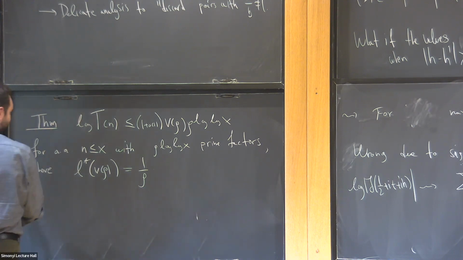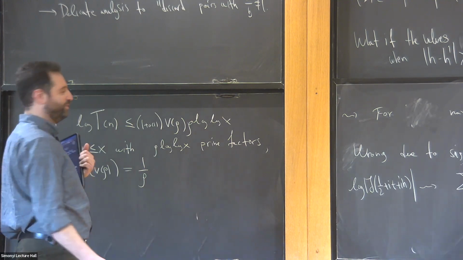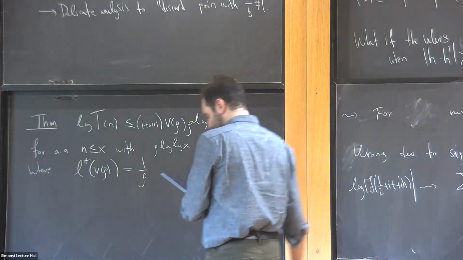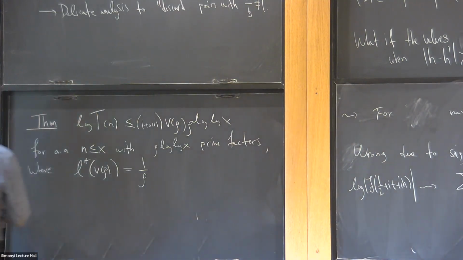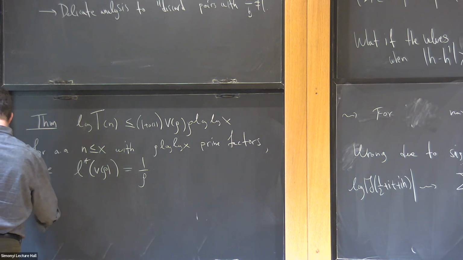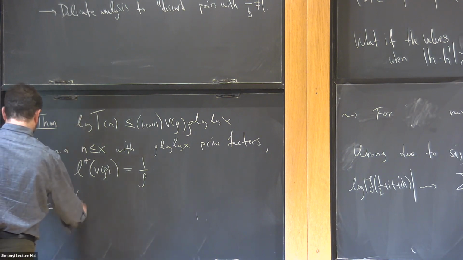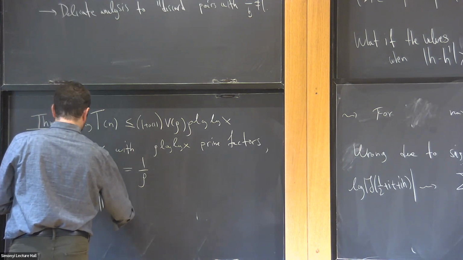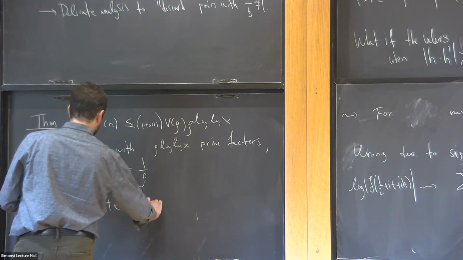L star is something called the Legendre transform that appears naturally when you do large deviations for things that are non-Gaussian. So what is this L star? L of s is log of the integral of (1 plus e to the 2 pi theta) to the s, d theta.